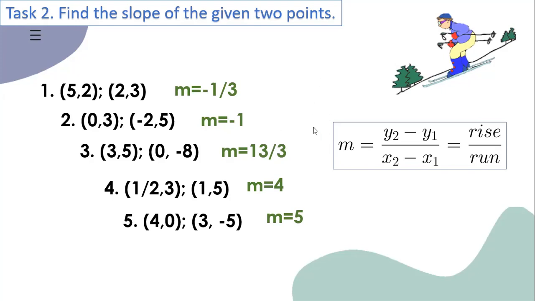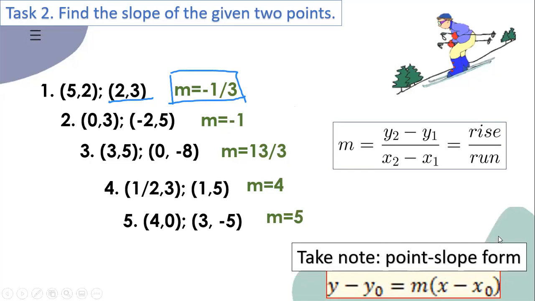Okay, so with this given, we can determine the equation of a line. So pag hinanap sa atin yung equation ng line passing through these points and having a slope of, yung kinuha natin, we will be having the point slope form.